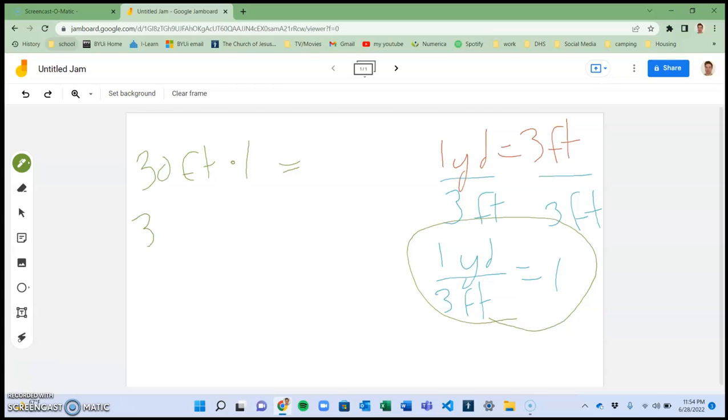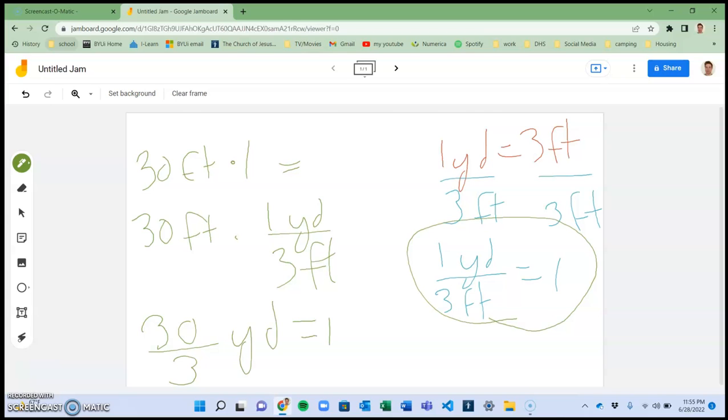So that's the same thing as 30 feet times 1 yard over 3 feet. And there we are again. So we know that this is going to be 30 over 3, and we have yards. And that equals 10 yards. And that is how it works.